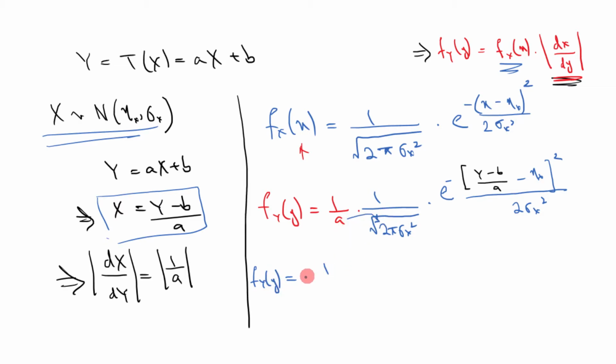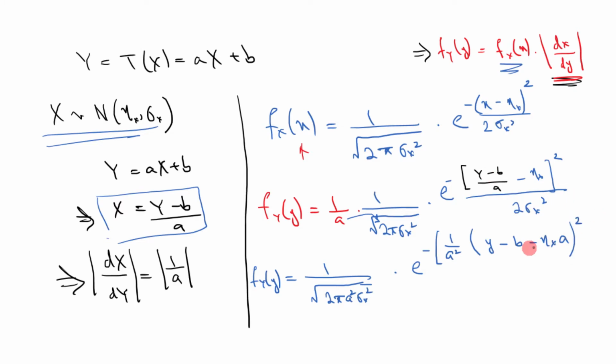What we will have is 1 over under root 2 pi a square sigma x square into e raised to power, and due to this square I will have 1 over a square into y minus b minus average into a. I have taken a common from this expression.